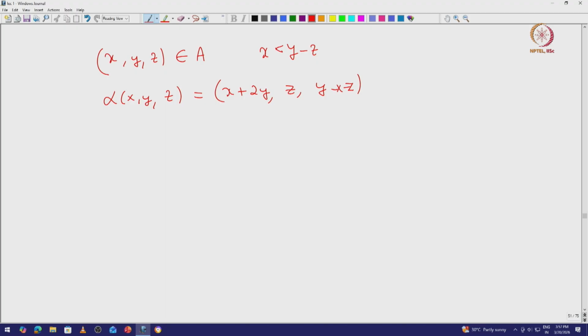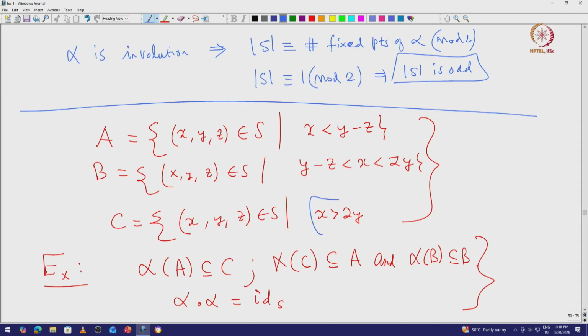Now call them x1, y1 and z1. What we need to check is that alpha of (x, y, z) belongs to C, but C is defined to be x greater than 2y.